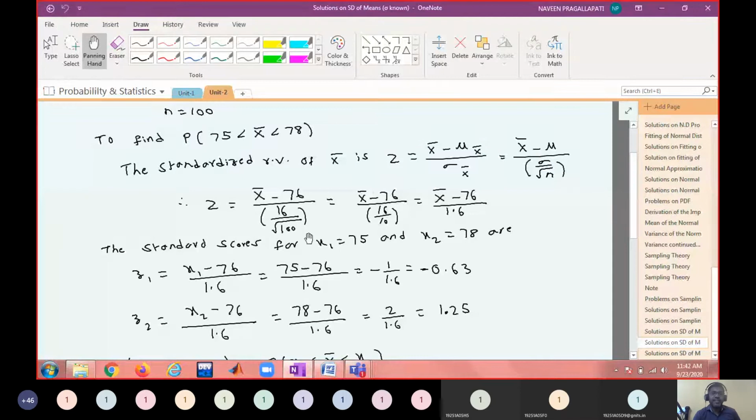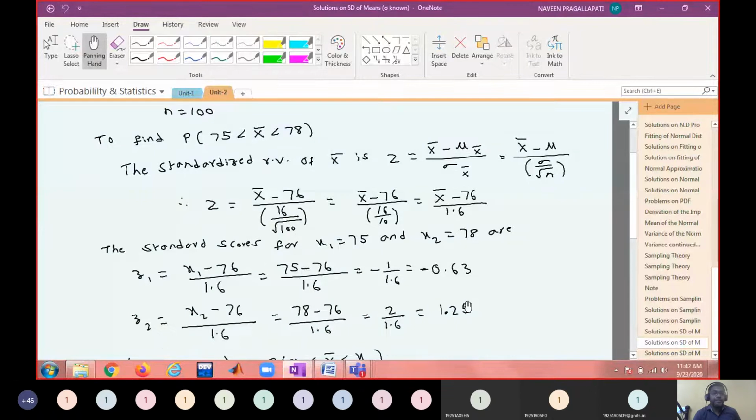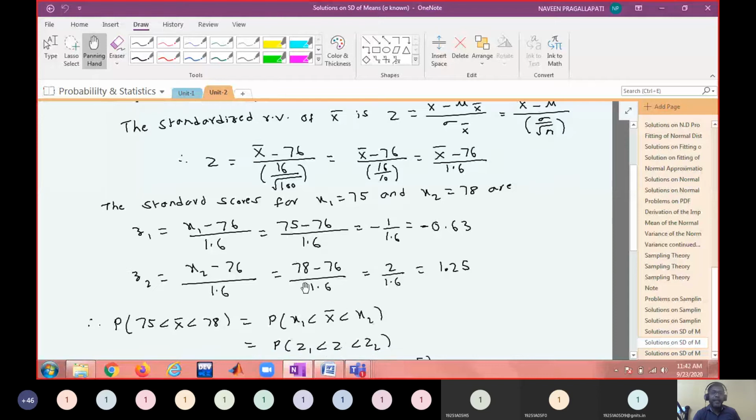This is a standardized variable. Mu x bar is mu, which is 76, and sigma x bar is sigma by root n. Sigma is 16 and n is 100, under root of 100 is 10. So 16 by 10 is 1.6. Using this formula I computed these Z scores by substituting 75 and 78.